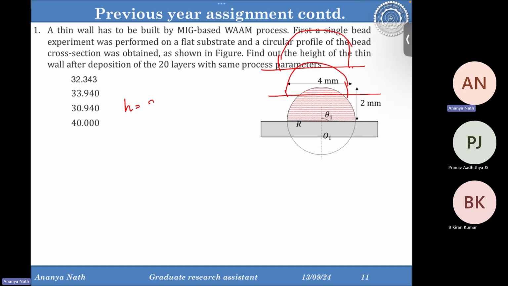So for height, we have this equation. This is the height of one bead, which is 2 plus n, where n is 20 minus 1, into. Now there is a very important equation from the lecture.